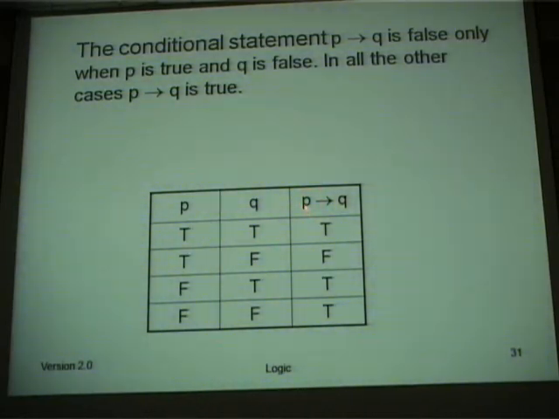Now when the condition is true and the conclusion is true, this truth table says this conditional statement is true. The conditional statement has two parts, condition and conclusion, and they can take different truth values. When they are true and true, the conditional statement is true.